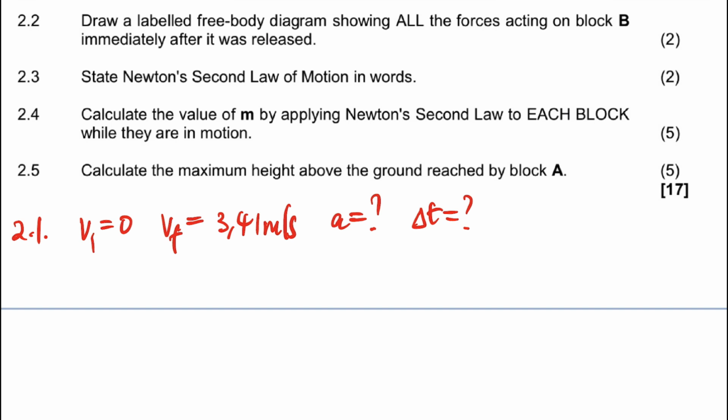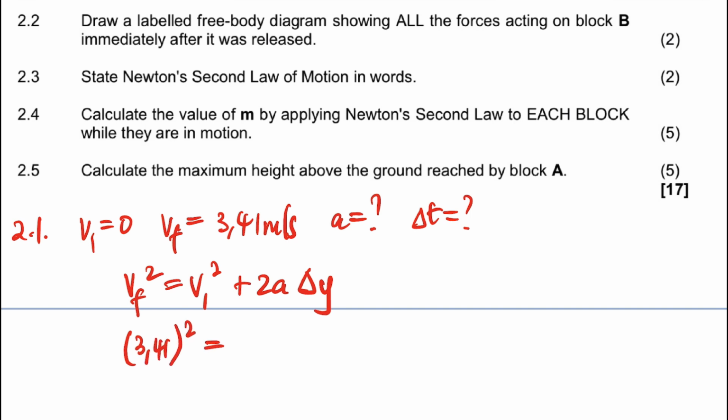So we want to prove the acceleration, so we'll use the formula v squared equals v initial squared plus 2a change in y, and then we substitute. What is our final velocity? 3.41 squared equals initial velocity 0 plus 2a. The acceleration is the one that we want to prove, and our displacement is 1.5, right?